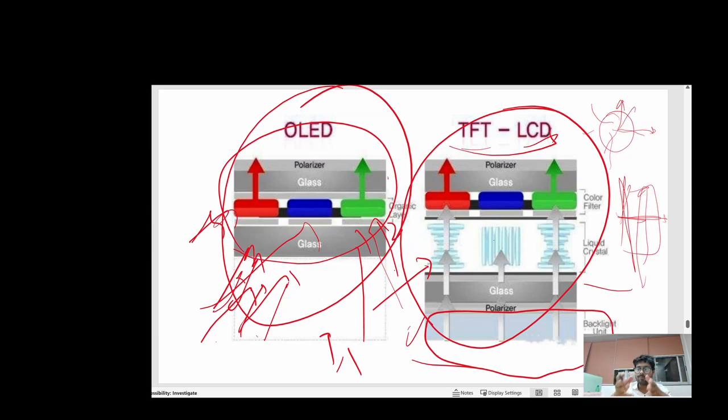If you put two polarizers which are perpendicular to each other, then the intensity you will get is zero. This is the working principle of that thing.